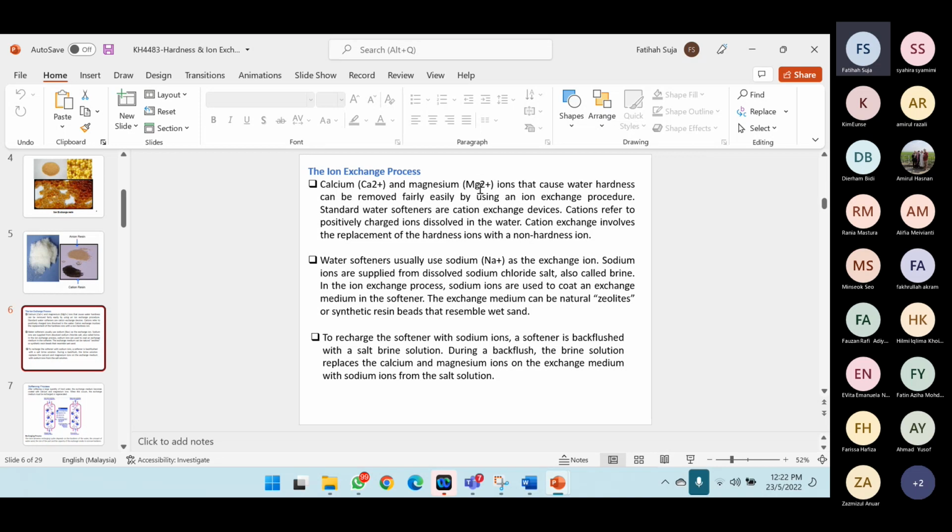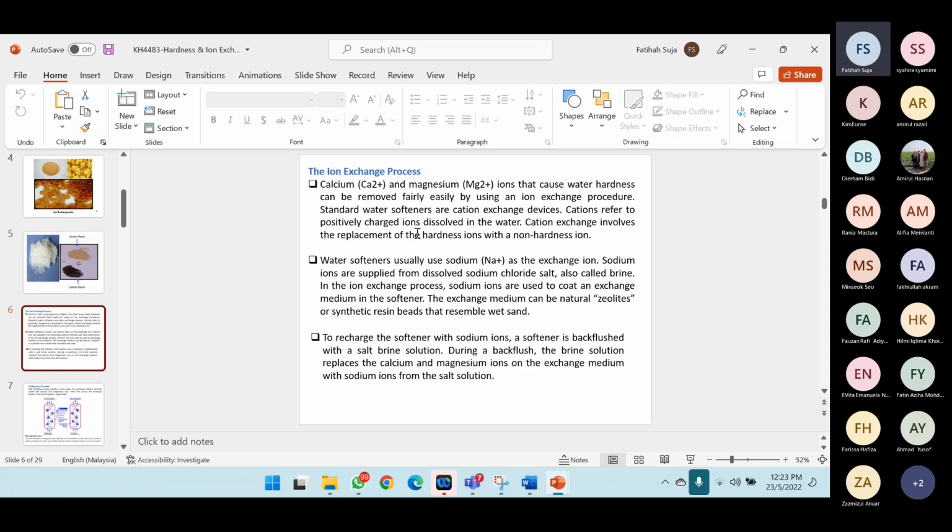Calcium and magnesium ions that cause water hardness can be removed fairly easily by using an ion exchange procedure. Standard water softeners are cation exchange devices. So you can always buy off the shelf.